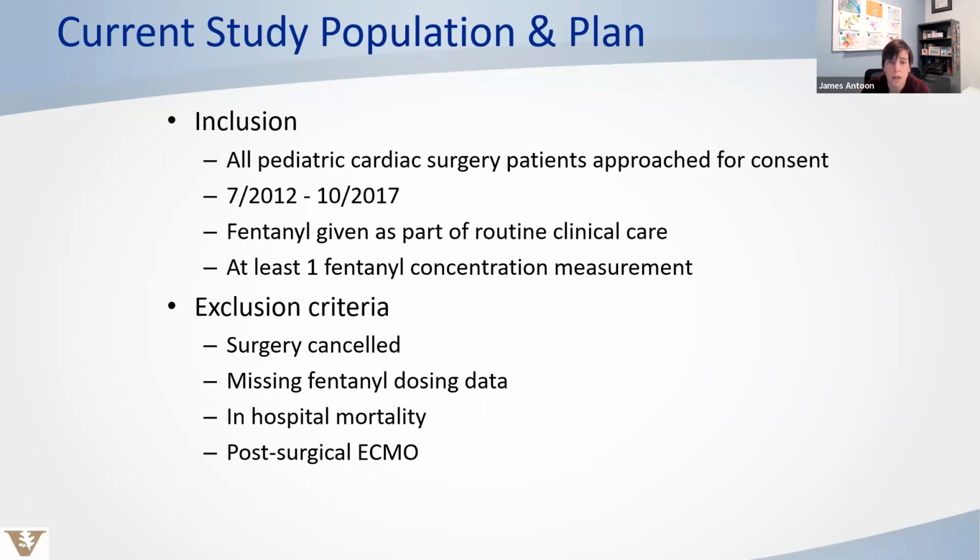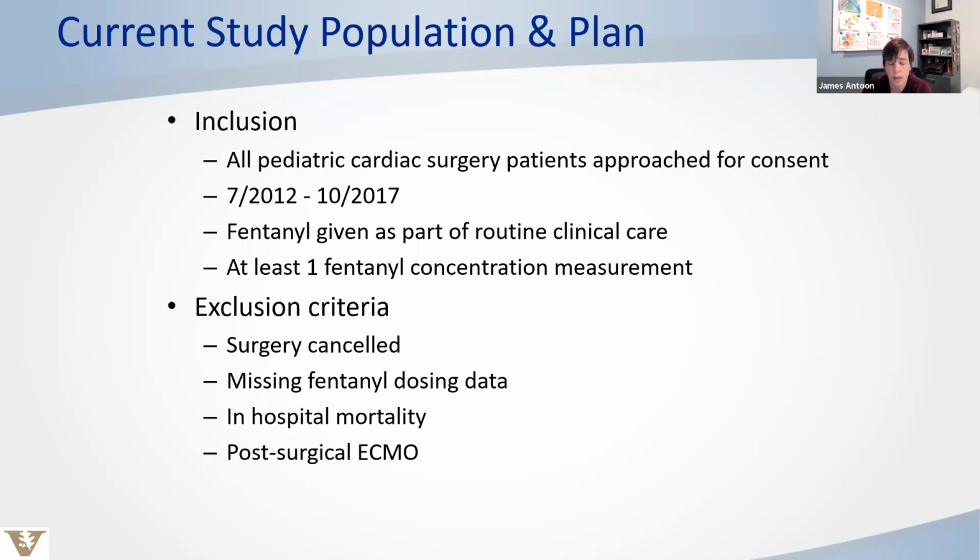We wanted to include patients that were included in this cohort from 2012 to 2017 who were exposed to fentanyl. We wanted to have a very short list of exclusion criteria, to include as many patients as we could. We basically only excluded patients if their surgery was canceled, if for some reason we were missing their fentanyl dosing, if the patient passed away while they were in the hospital, because fentanyl use at end of life care can be a little bit different than what is typically done for patients.